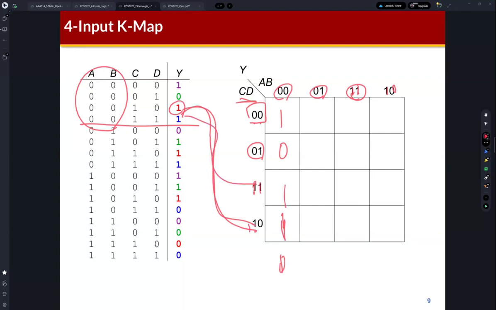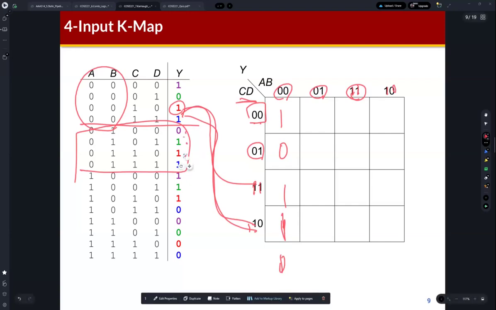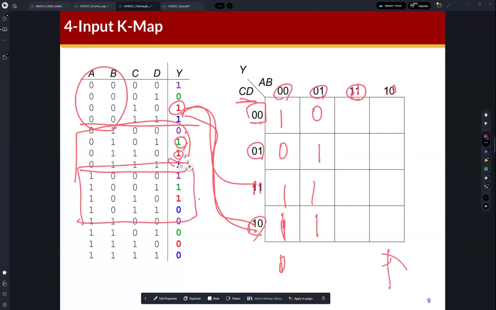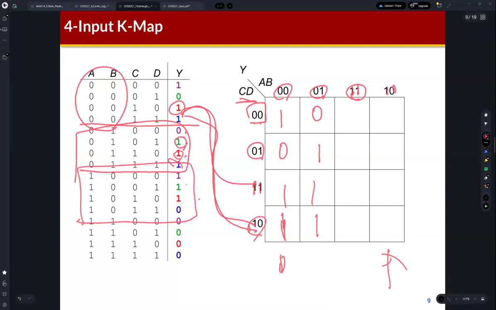Then we can start from the 0 1 row. So this is 0, 1, 1, 1. So 0 1, this one is 1, because this is 1 0. So you need to be cautious. And then this is 1. How about this one? You need to fill this one, right? So 1, 1, 1, 0.